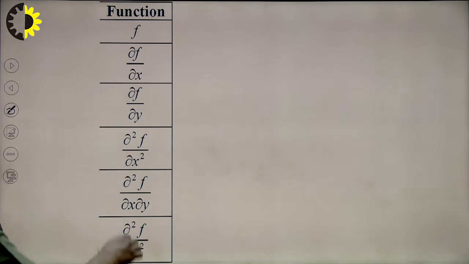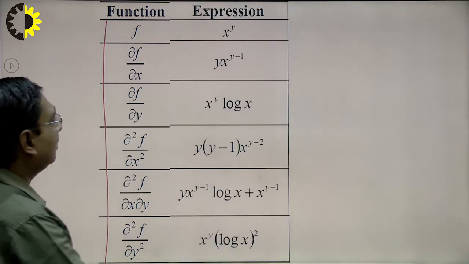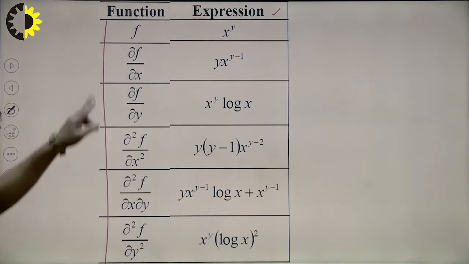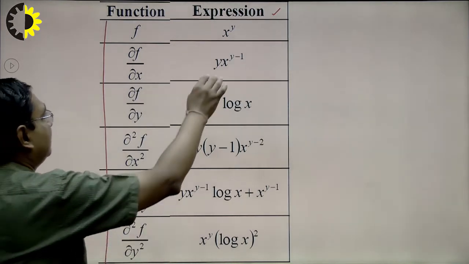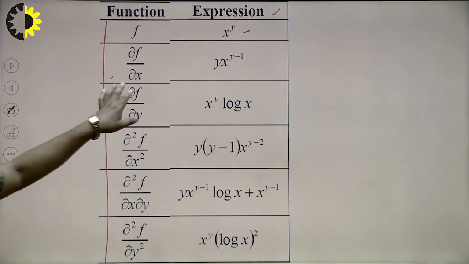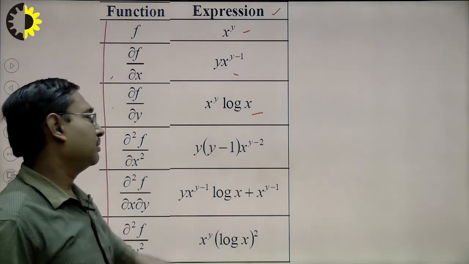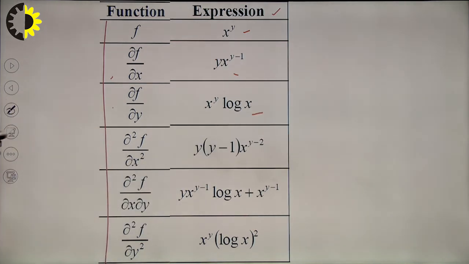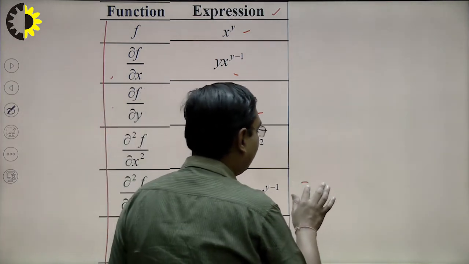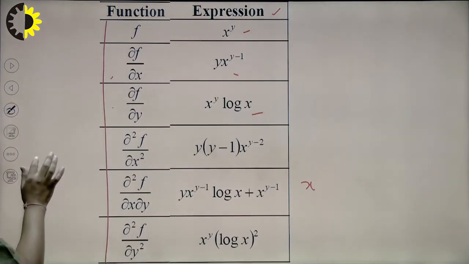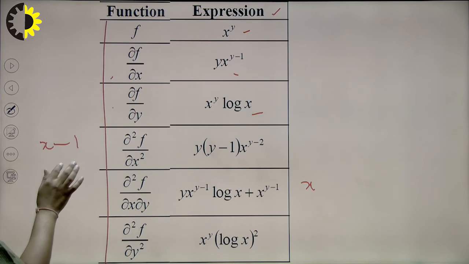Now we construct the table as previous problem. These are our values which are required in Taylor's series formula. These are the expressions for these functions. F is x raised to the power y, del f over del x is y x raised to the power y minus 1, del f over del y is x raised to the power y log x, and similarly other terms. Now we are to expand the function in powers of x minus 1 and y minus 1.